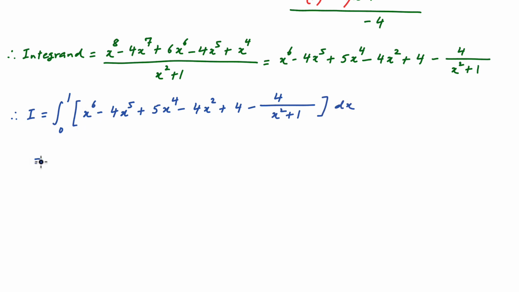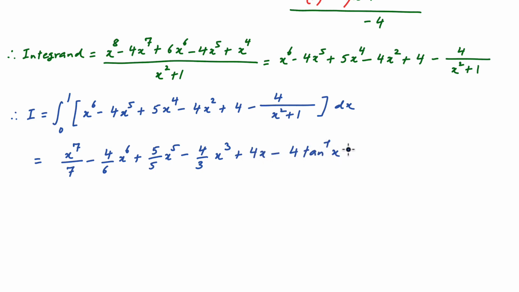This is equal to x raised to the power 7 upon 7 minus 4 upon 6 times x raised to the power 6 plus 5 upon 5 times x raised to the power 5 minus 4 upon 3 times x cube plus 4x minus 4 times tan inverse x between the limits of integration 0 to 1.